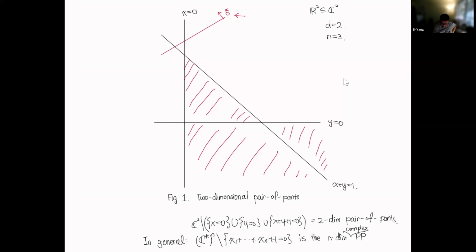So we sometimes just don't distinguish between these things. Because in general, if you start with (C^*)^n and remove any generic hyperplane, it will always give you something isomorphic to the n-dimensional complex pair of pants. You can try to write down some isomorphism from one to the other. Okay.